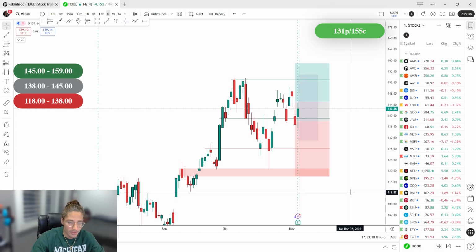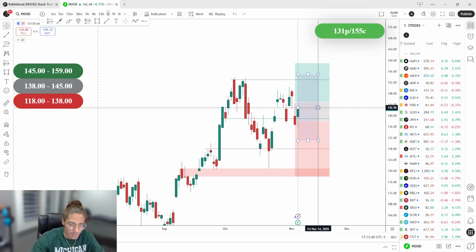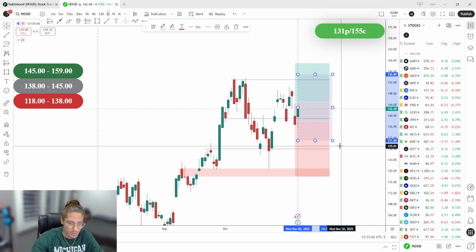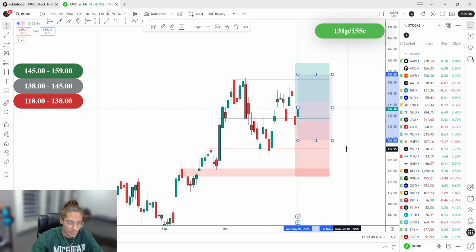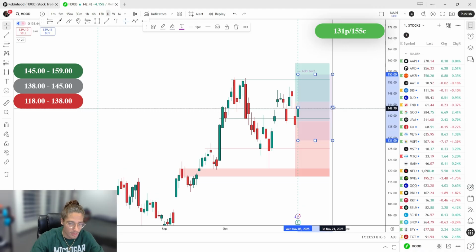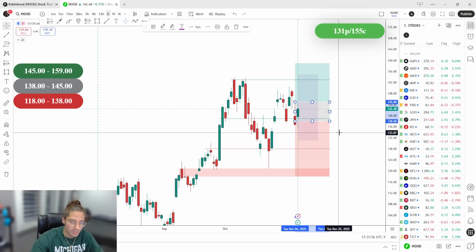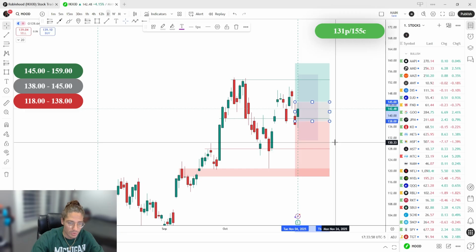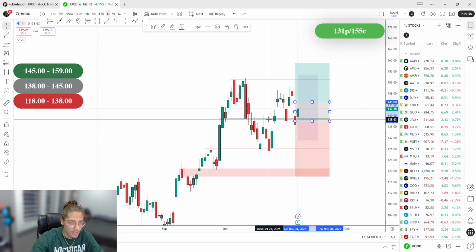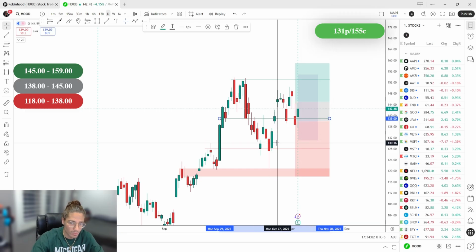So there you guys go for the Robinhood analysis and the earnings trade. I can pull it just like this in case you guys want to see while I'm talking about it. Quick little recap: Robinhood's a 4 out of 10, given a 131 put and a 155 call headed into earnings. Their untradeable zone is going to be where price is currently resting between 138 and 145. Early entries to the downside can be seen at 139.